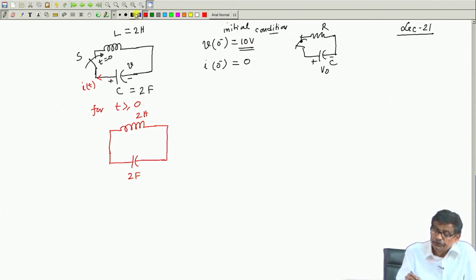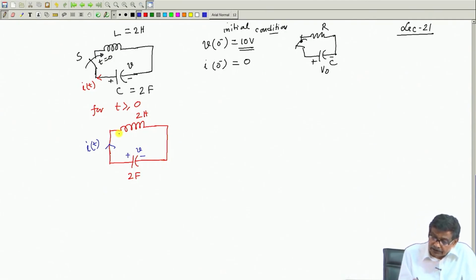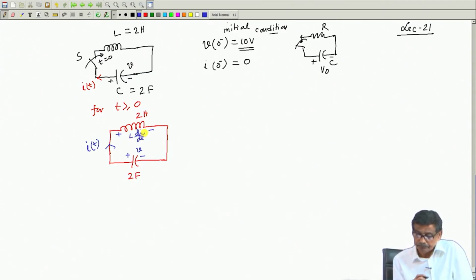Let us assume the current in the circuit to be I(t) at any time t. The direction of I(t) is my choice, I have assumed it like this, and this was the voltage across the capacitor plate. And what will be the voltage across the inductance? Once you have assumed this, it will be L dI/dt.